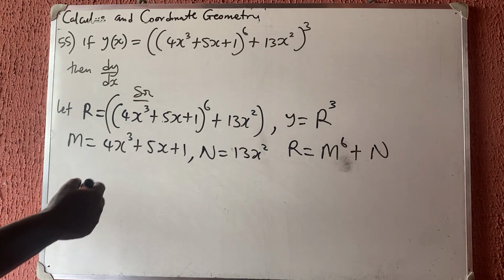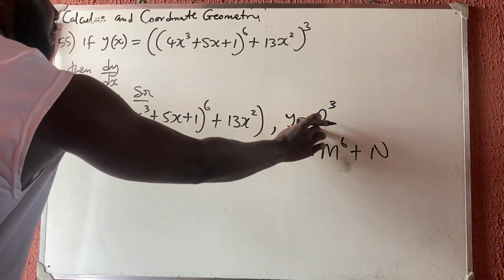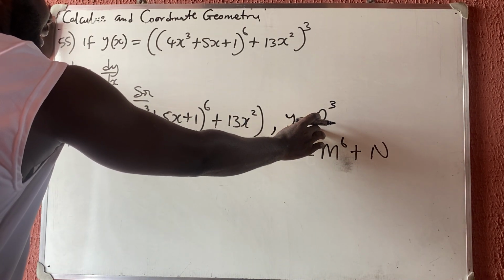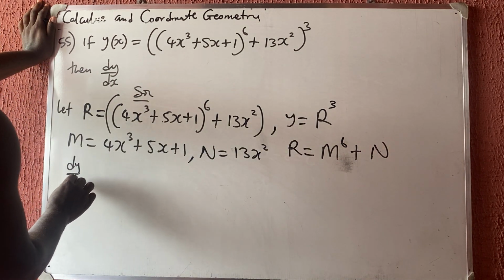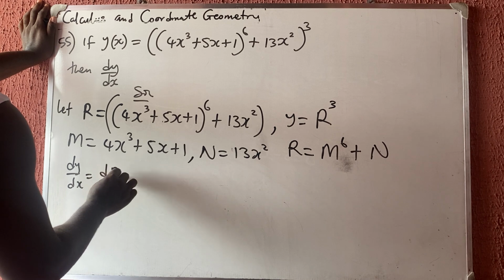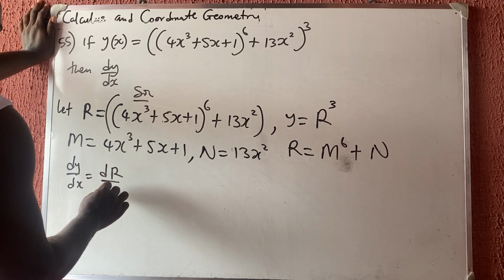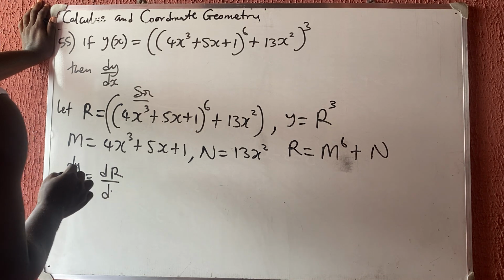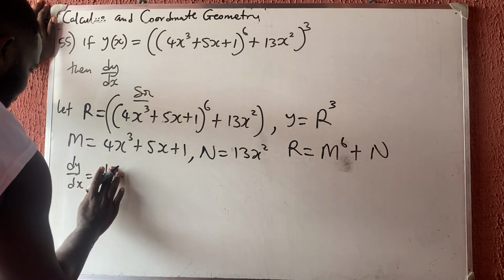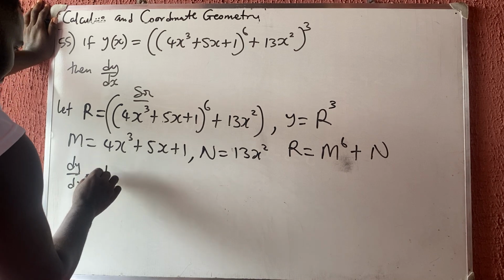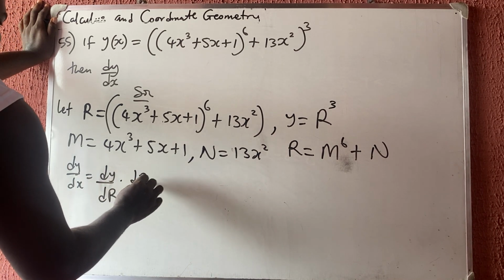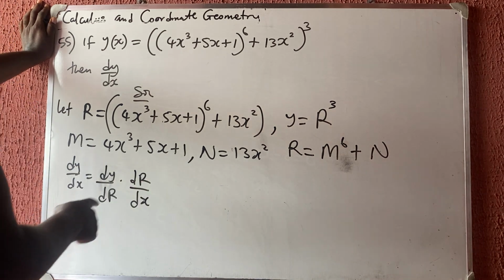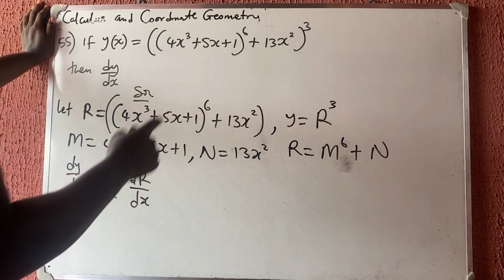Now, having this, you should know that dy dx is equal to dy dr dot dr dx, so that if the dr cancels the dr, then we are done.